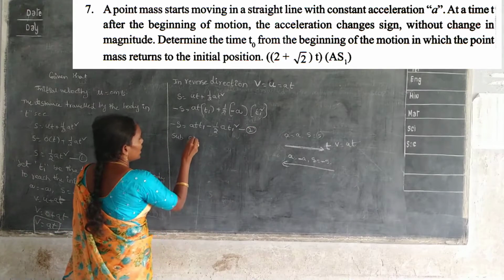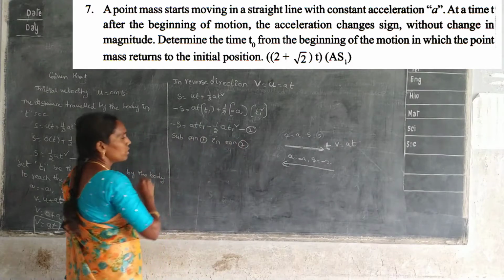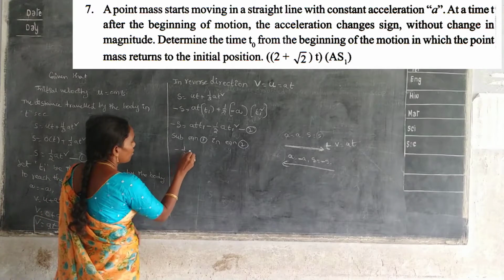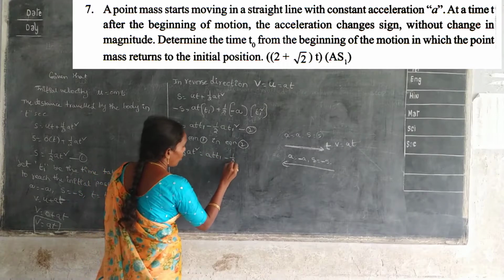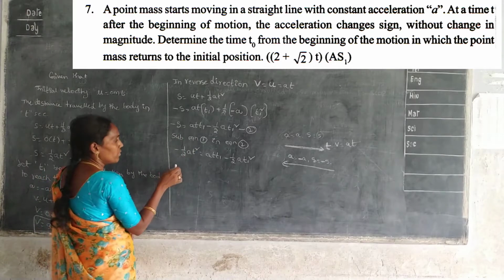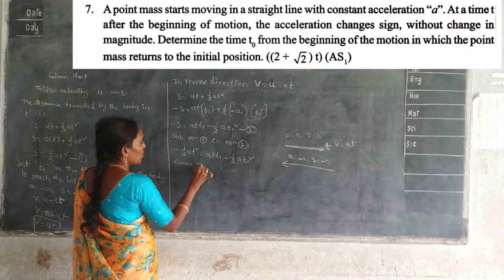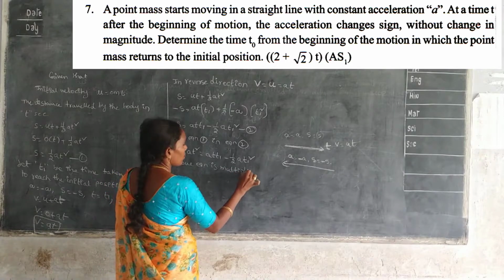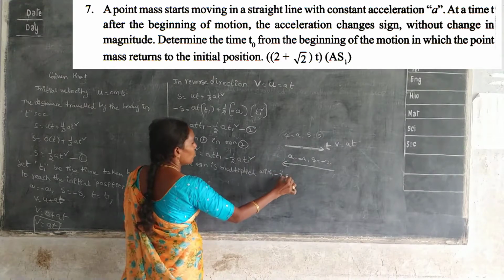Substitute equation 1 in equation 2. That means minus half at square is equal to a t t1 minus half a t1 square. Throughout the equation, multiply with minus 2 on both sides.